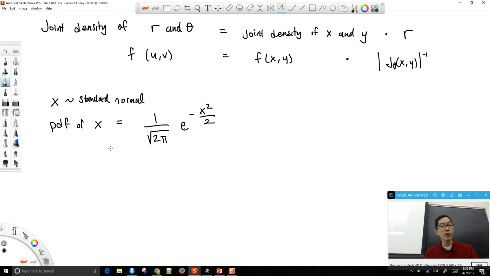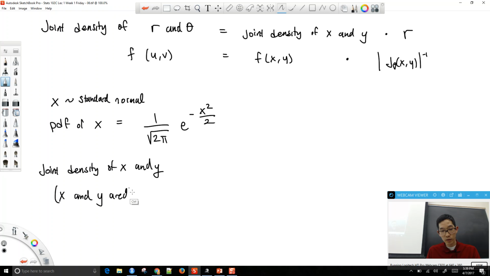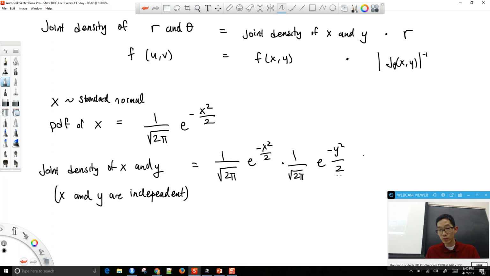PDF of y is the same thing, and so the joint density of x and y, because x and y are independent, is just going to be the product of this, right? So 1 over root 2 pi e to the negative x squared over 2 times 1 over root 2 pi e to the negative y squared over 2. Right. And just make sure that we know that's up there.